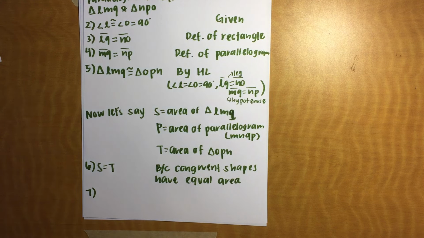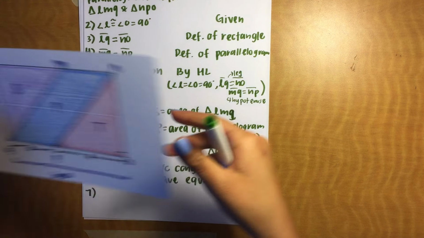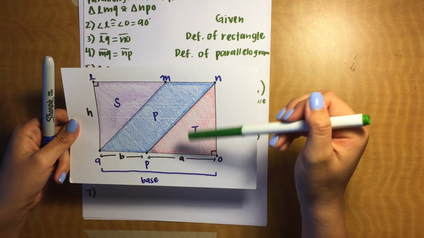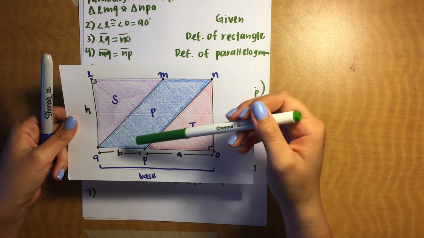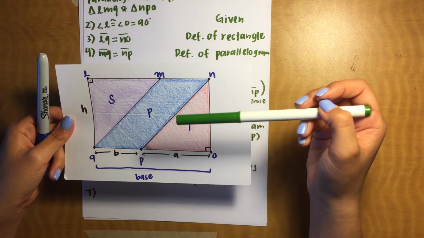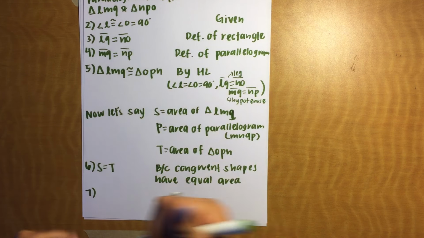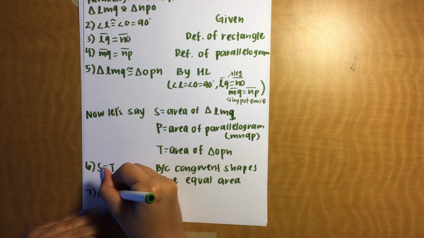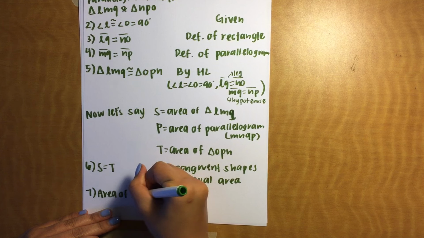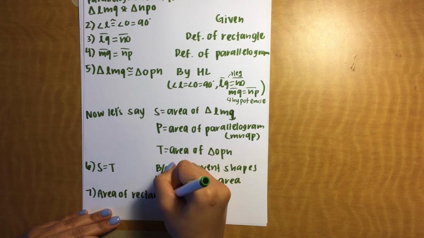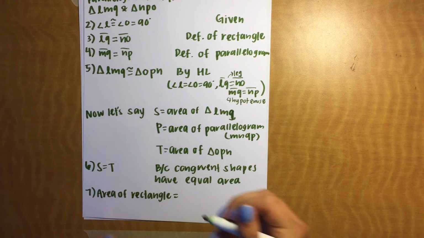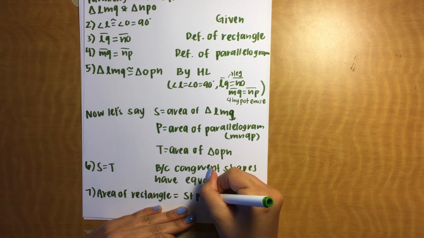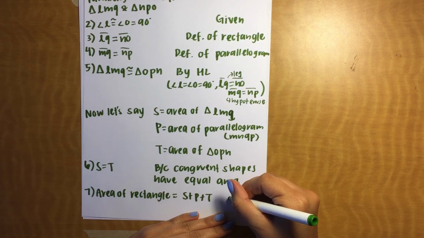Now, overall, let's try to find the parallelogram. So we know that the area of the rectangle is made up of area S, area P, and area T. So the area of the rectangle is equal to S plus P plus T. And that is just decomposition.